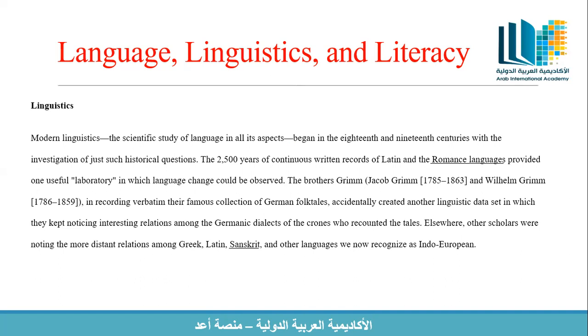The brothers Grimm, Jacob Grimm and Wilhelm Grimm, in recording verbatim their famous collection of German folk tales, accidentally created another linguistic data set in which they kept noticing interesting relations among the Germanic dialects of the people who recounted the tales.